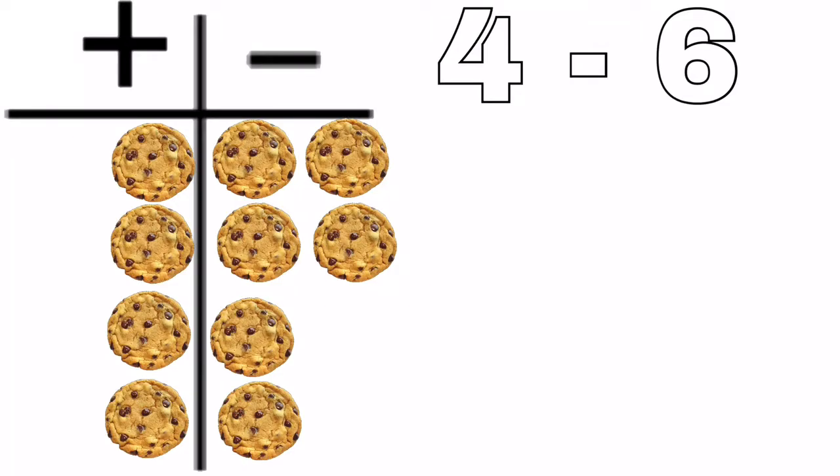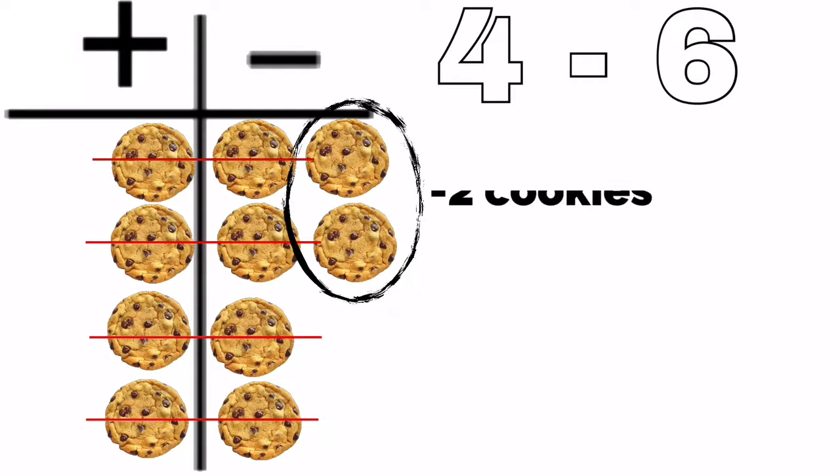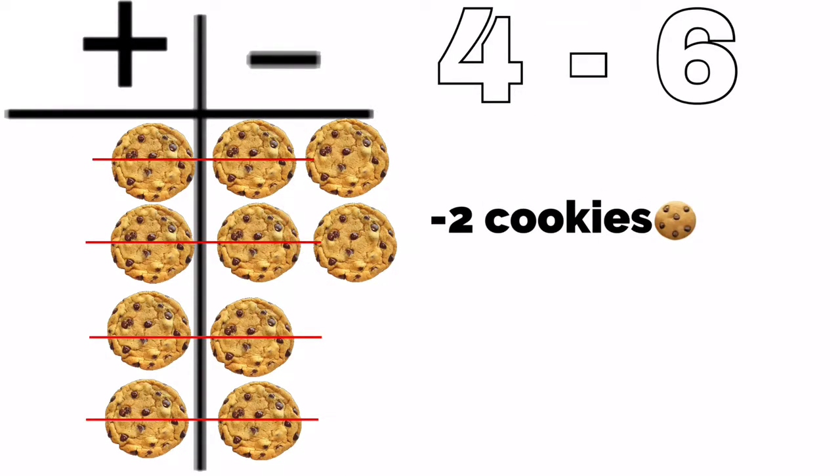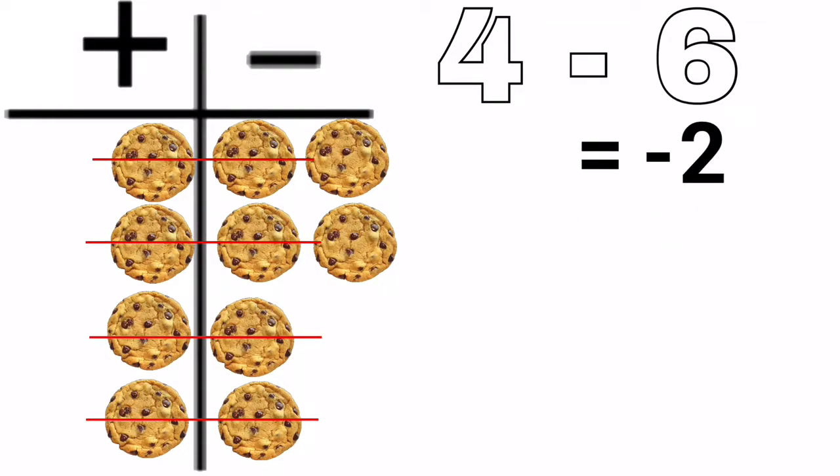So we're going to see all of the cookie pairs that we have, and we're going to cross them off. So that's a cookie pair, that's another cookie pair, that's a cookie pair, and that's a cookie pair. We have eaten all of our cookie pairs. What are we left with? -2 cookies. That is the answer to 4 take away 6.